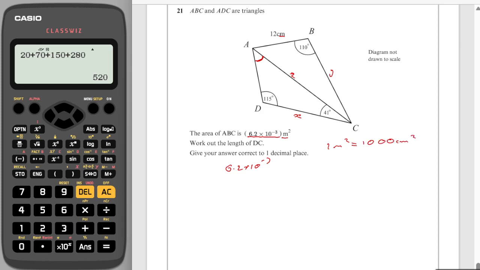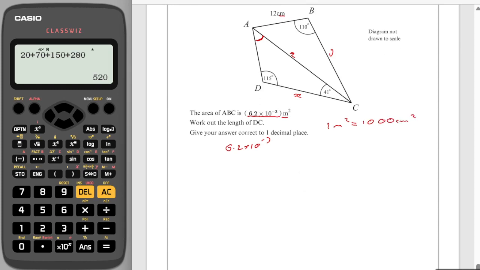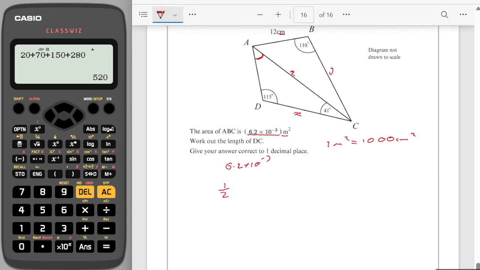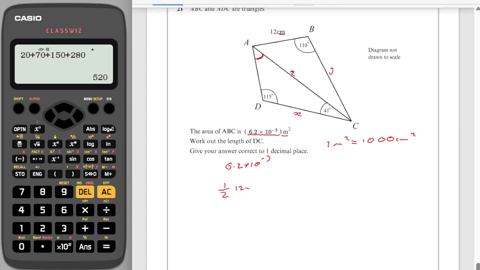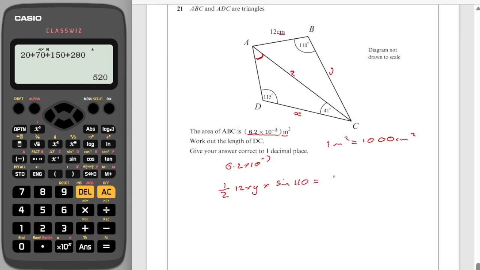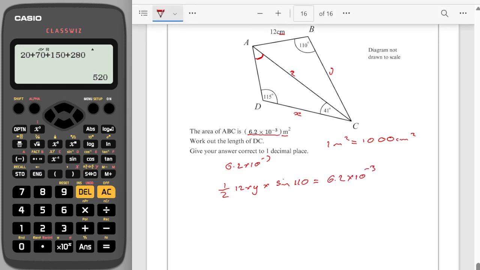So I'm going to say that a half of 12 times y times sine of 110 is going to be equal to 6.2 times 10 to the minus 3 times 10,000.